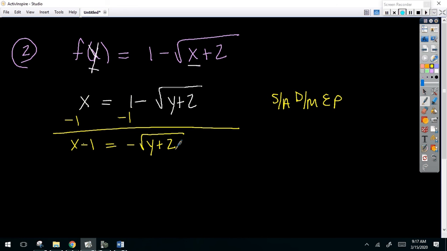So now what I want to do is get rid of that negative, and the only way really to get rid of that negative is to divide both sides by -1 or multiply both sides by -1. It's going to change all these signs on this side. So I end up with negative x plus 1.